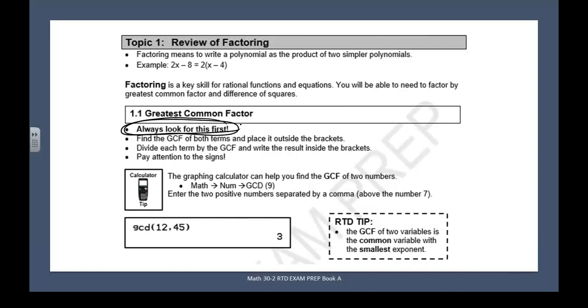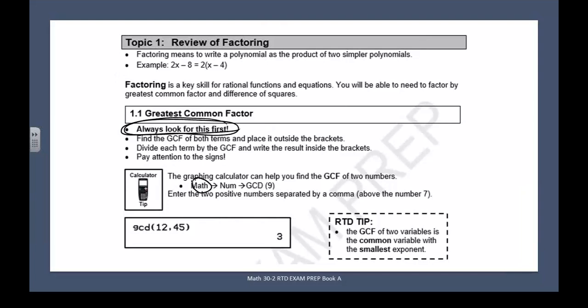So to look for a greatest common factor, you want to find a number that goes into both the numbers. So there's two types of greatest common factor. One is the number, the other is the variable. So there is a way to do greatest common factor on your calculator, okay? So if you ever wanted to know the greatest common factor between two numbers, here's the steps you can do on your calculator.